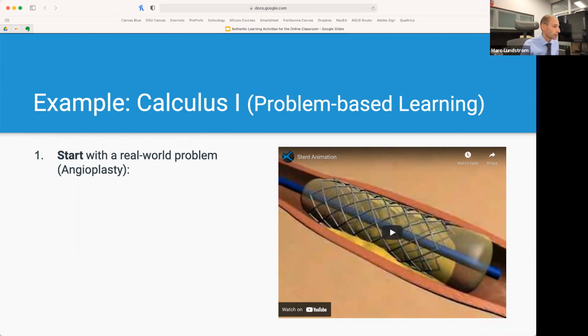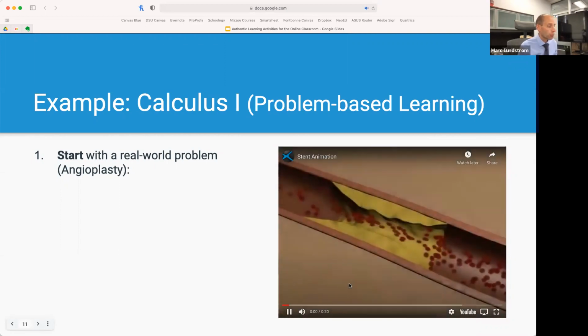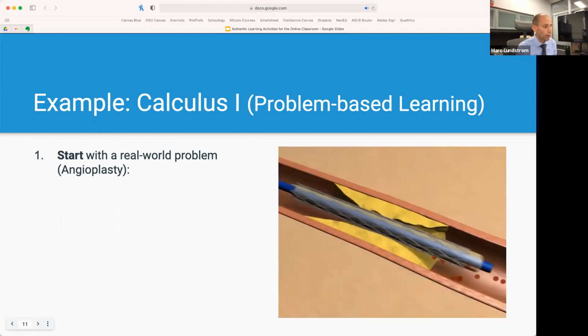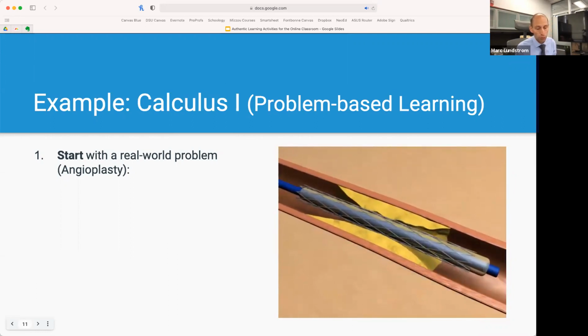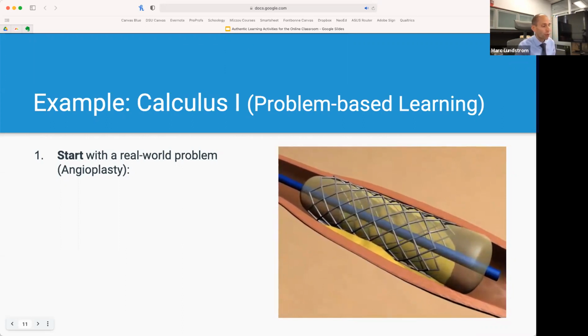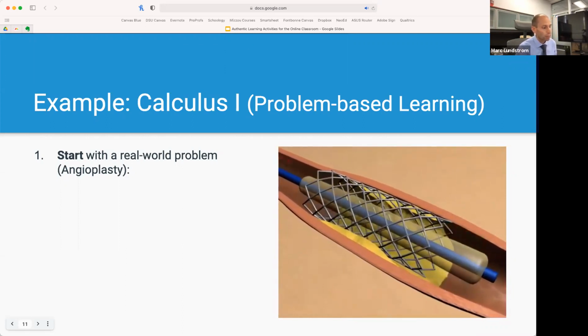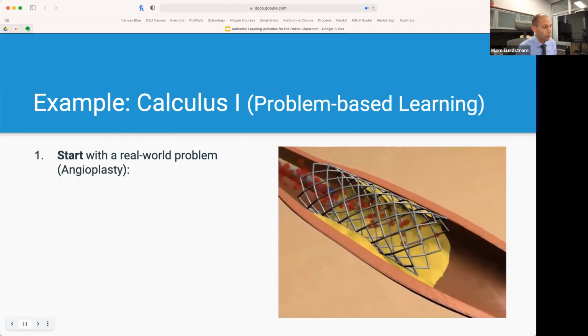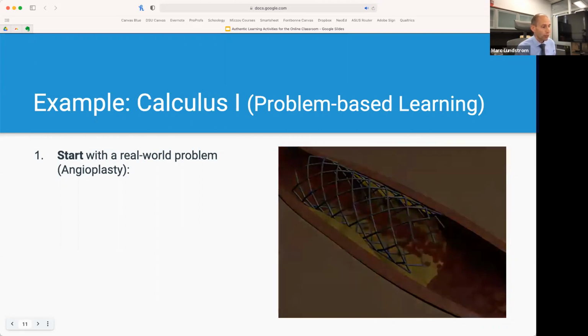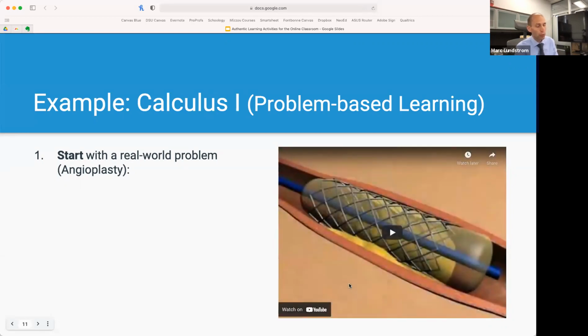In this case, the real world problem was, if you're familiar with angioplasty, there's a stent. This is part of the treatment for blood vessels that are clogged or close to it. They put a stent in, as you can see in the illustration.